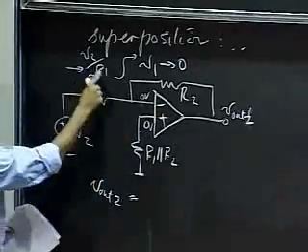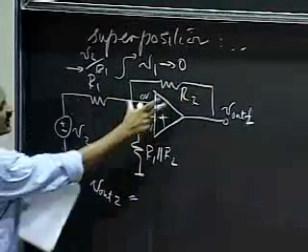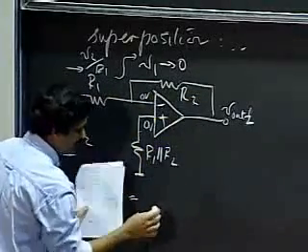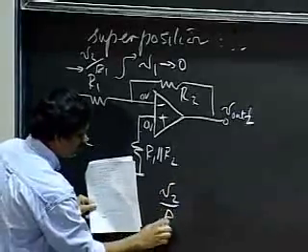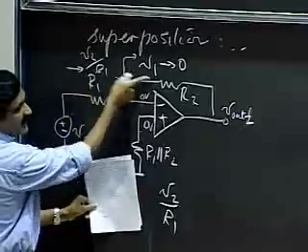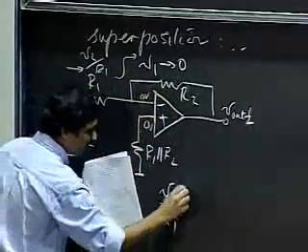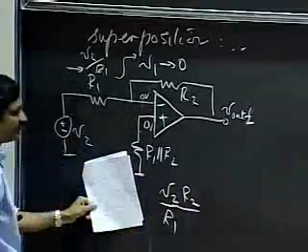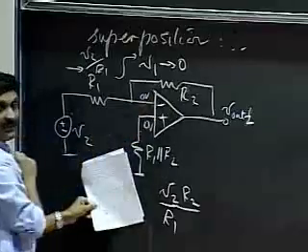The drop across this resistor is V2 divided by R1 multiplied by R2.